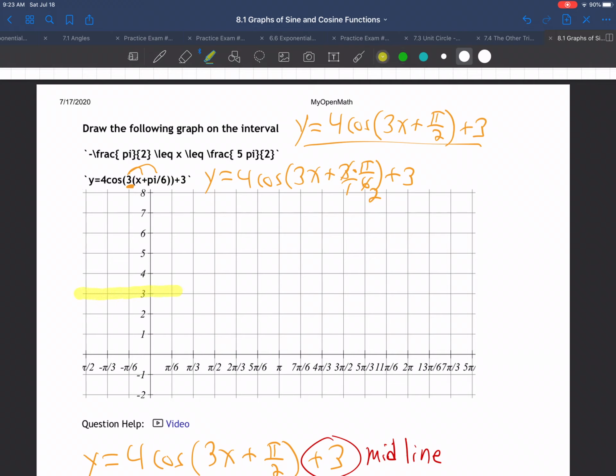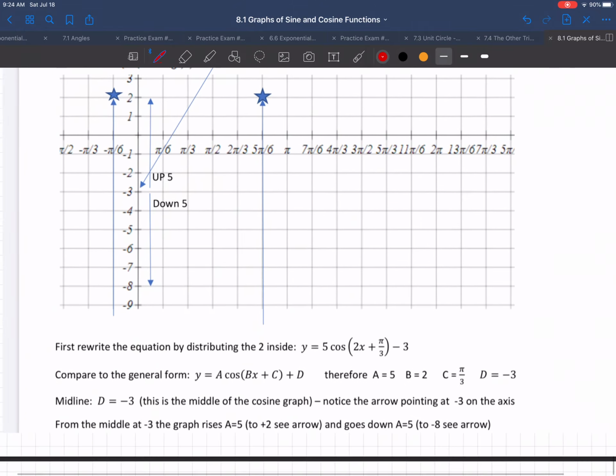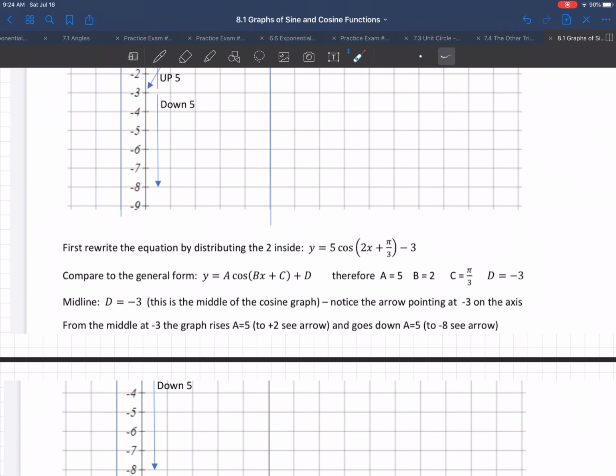So right there, I'm going to put the middle in. I'll write it over here. So that's the middle, or I'm going to call it the midline. The midline of the graph. And then from there, the instructions say from the middle, the a value is how it rises and how it goes down from the middle.